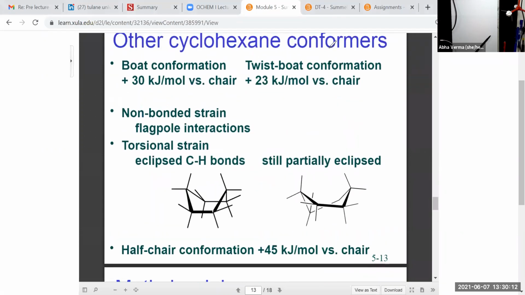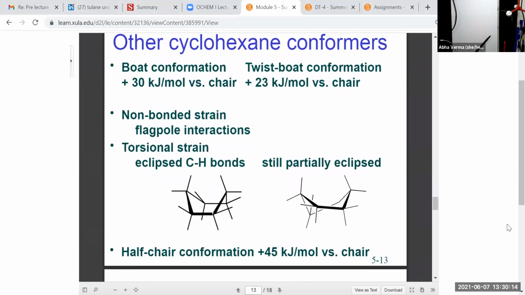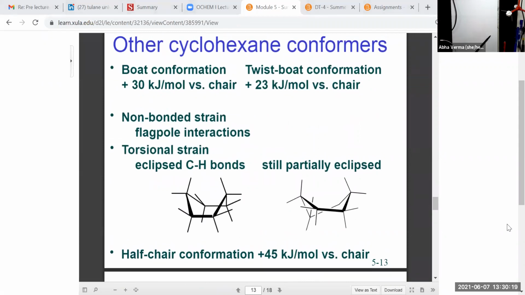So in the boat conformation, we see there is a little bit of strain present. Not a lot, but still there is. There are these 4 carbons which are lying in the plane, and then both the carbons, instead of going down, are pointing up.